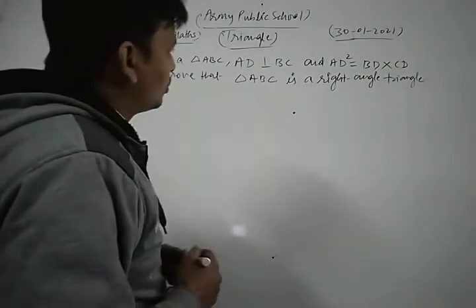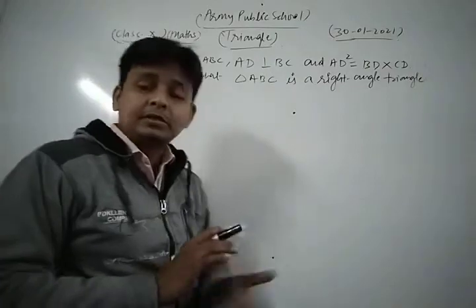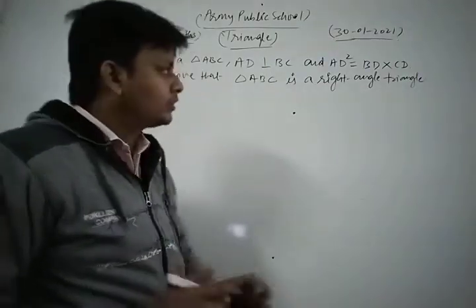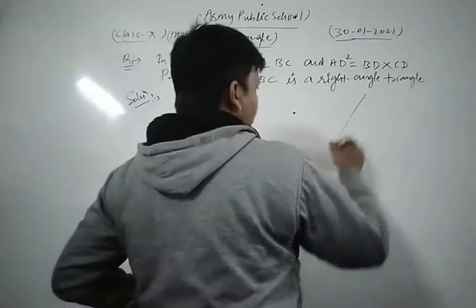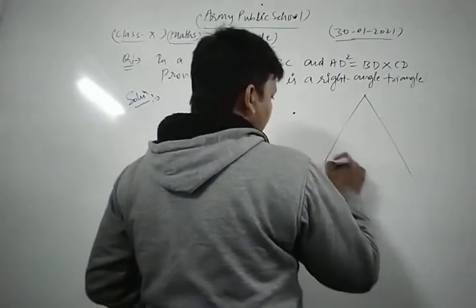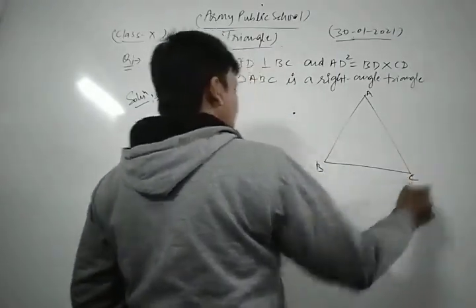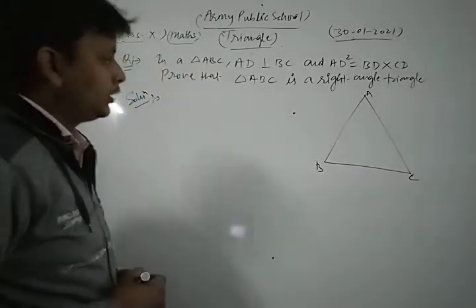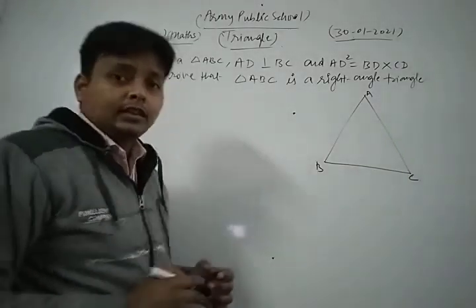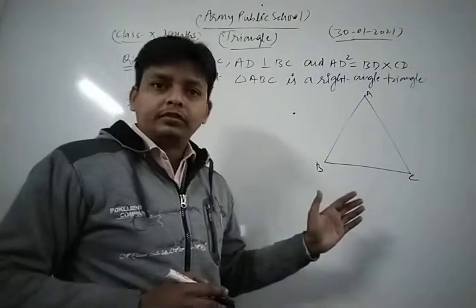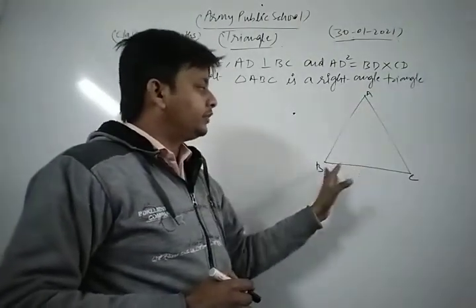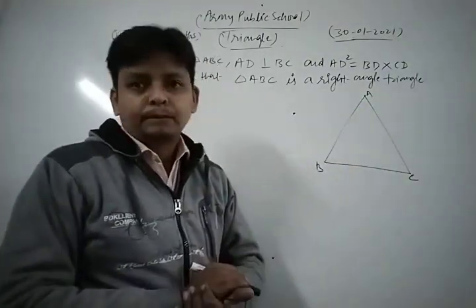Here, first of all we draw a triangle ABC in which AD is perpendicular to BC. According to the question, we draw a line segment AD which is perpendicular to BC.